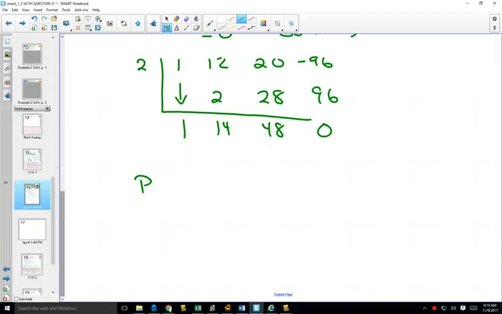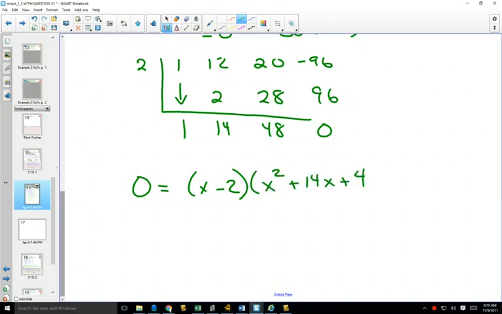And so we get that 0 is equal to, because that was the left-hand side of our equation, we factored out an x minus 2, and we're left with x squared plus 14x plus 48. Can this be factored even more?